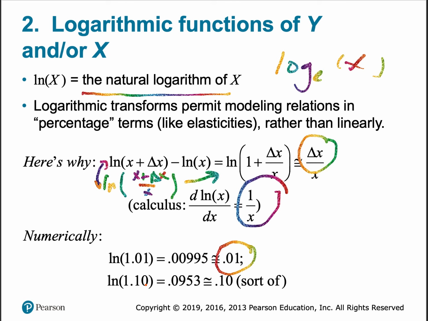If we look at a 10 percent change in x and take the natural log of that, it's about 10. So as you look at larger changes in x, the approximation becomes less accurate. The natural log approximation is very good for small changes in x.